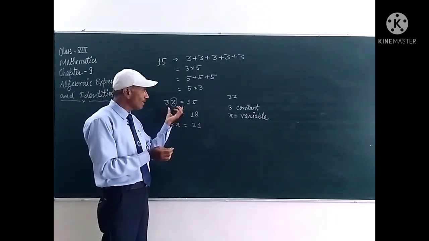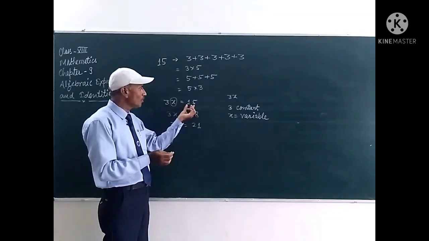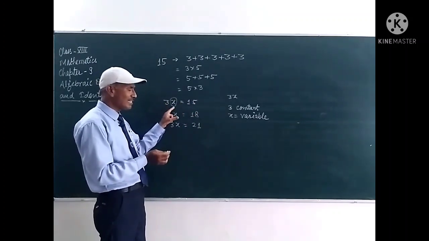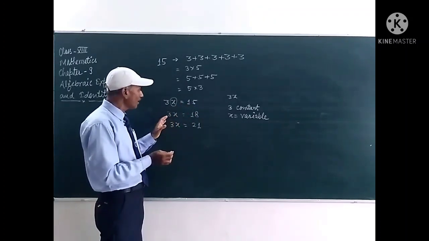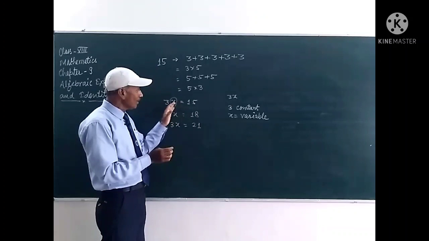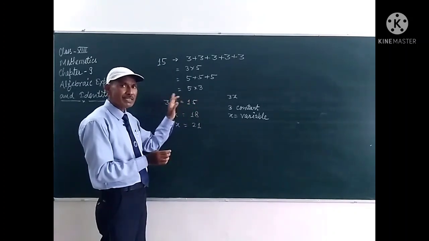This is an equation because there is a sign of equality between two expressions. 3x is an expression, 15 is also an expression, students, and between these two expressions there is a sign of equality, therefore it is an equation.